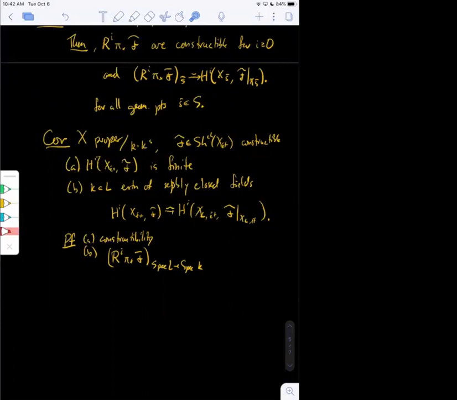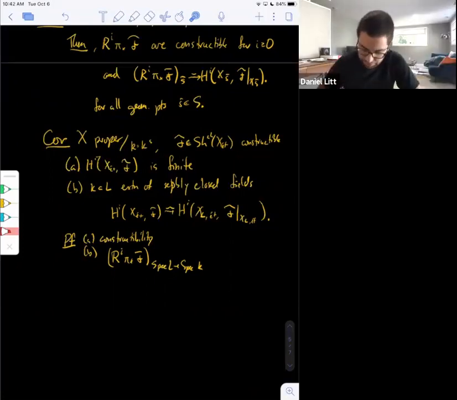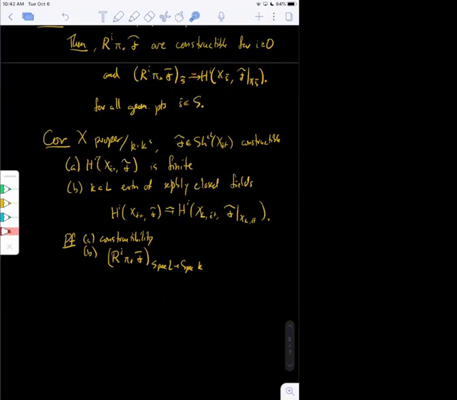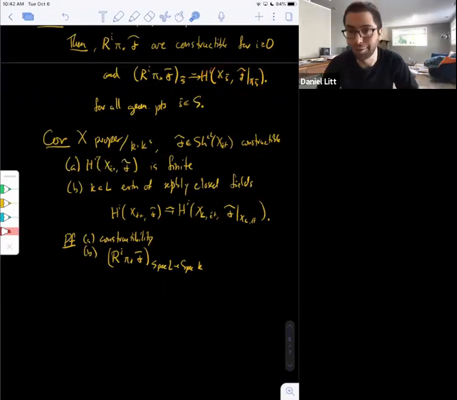Can you, for instance, give an interpretation of an element of H^1 of X_s bar, F restricted to? I mean, what this is saying? Yeah. So this is saying, do a map X to S. This is just saying take the cohomology of a fiber. So another way of saying this is that the stalks of the cohomology are the cohomologies of the fibers.